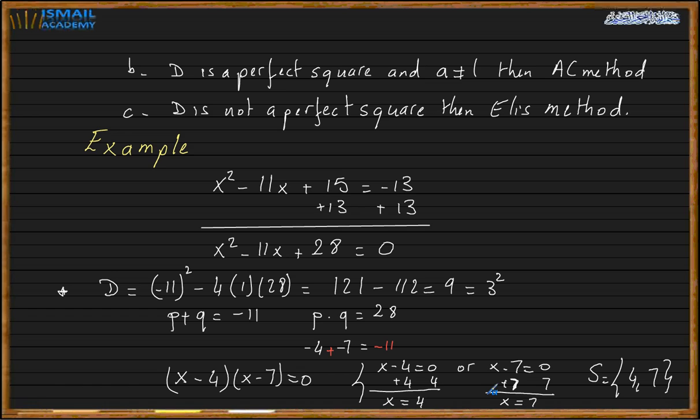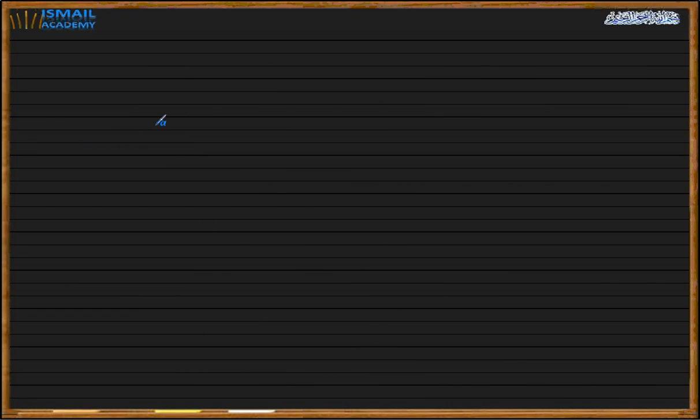So let's do another example. Suppose I want to solve 3x squared plus 5x plus 2 equals 0. So again, I'm going to do my discriminant.